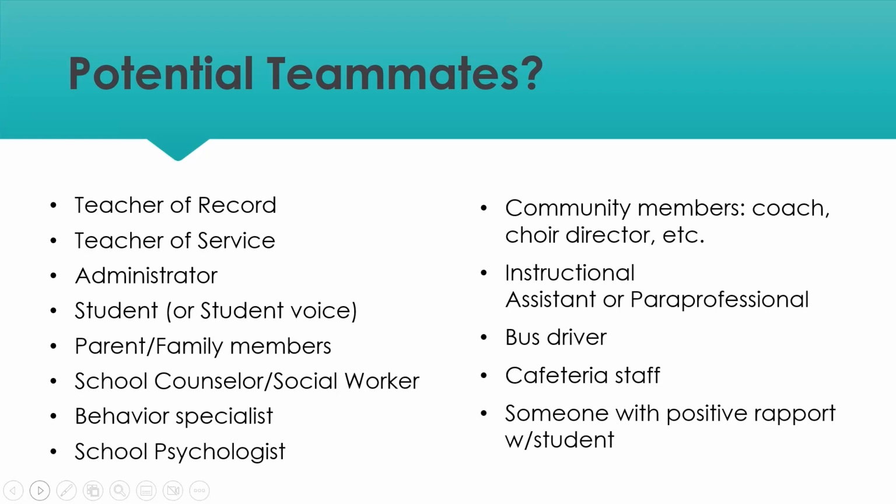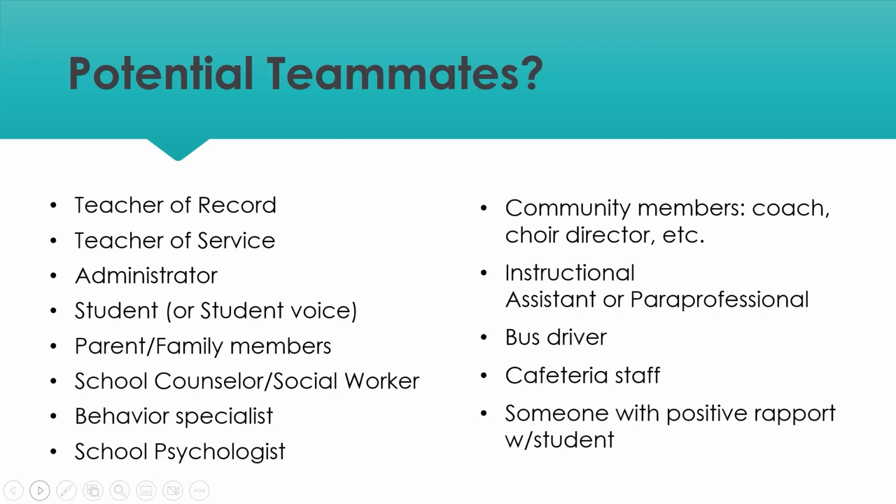The last bullet point I wanted to mention is someone with a positive rapport. Hopefully in every school, for a student with a behavior, there is somebody in that school that student has a positive rapport with. They might be really good in art, so the art teacher sees the student in a different light than the math teacher, where the student struggles.